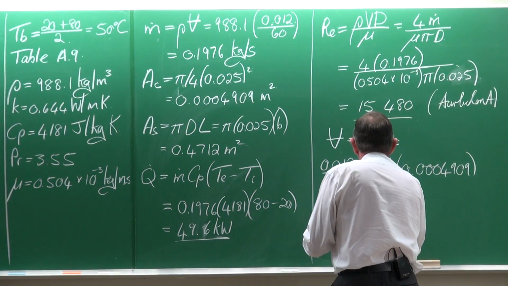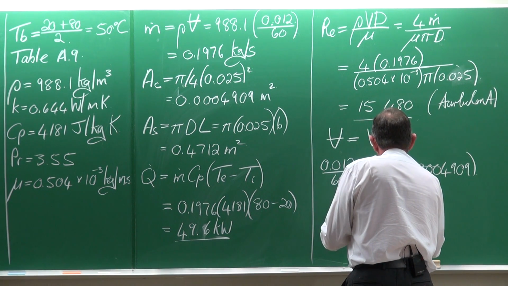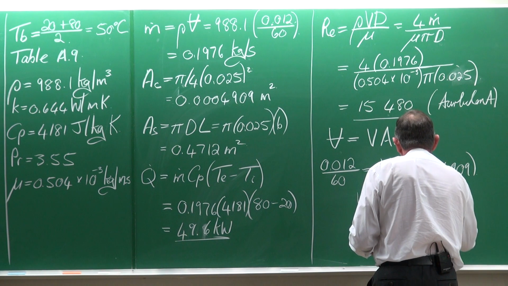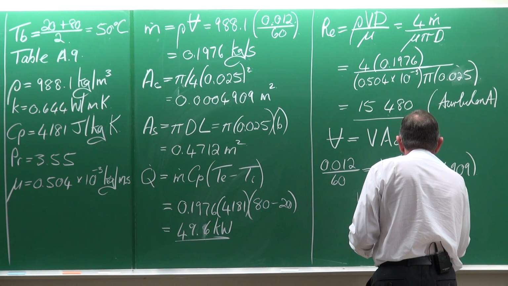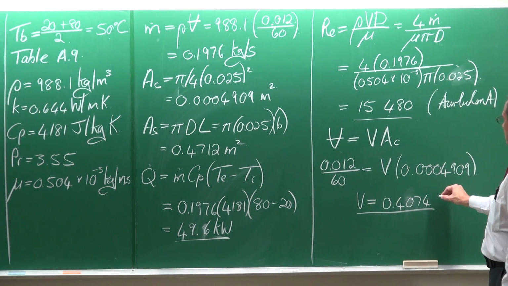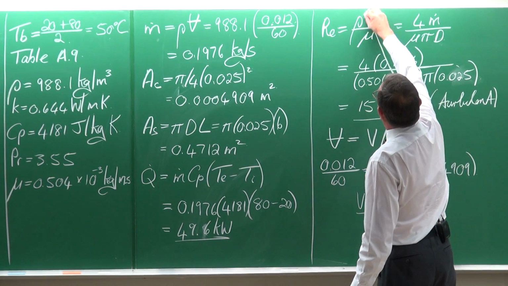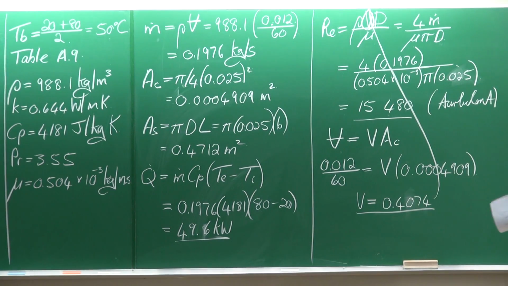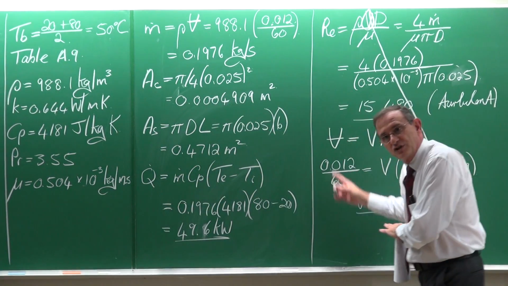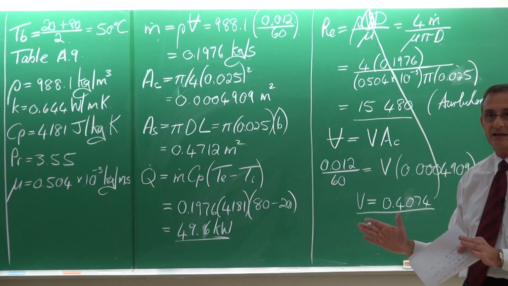And from that you can get the velocity as 0.4074. And by putting in that velocity and getting the viscosity here, you could have also calculated the Reynolds number like that.